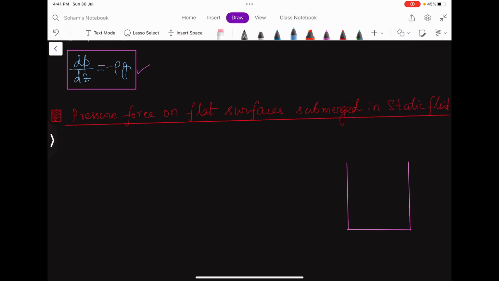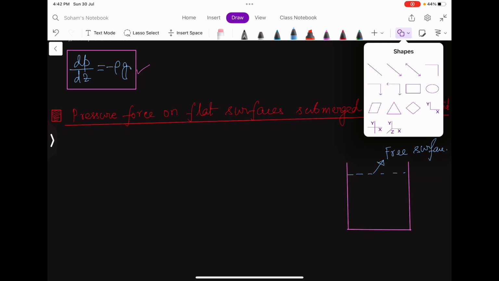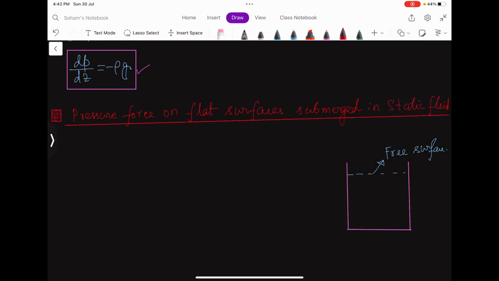So this is the free surface. Then inside this tank I have, let us say, a plate, oriented like this.